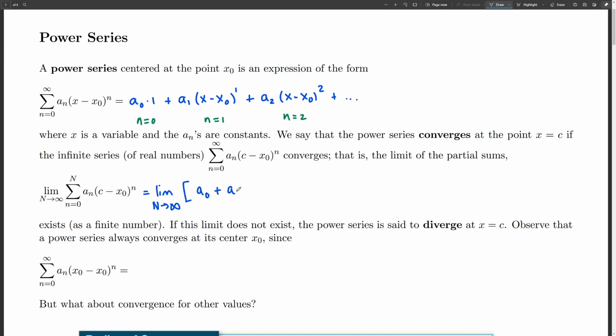Second term is a1 times c minus x naught to the power 1 plus a2 times c minus x naught to the power 2 plus all the way up to a sub capital N times c minus x naught to the power capital N.